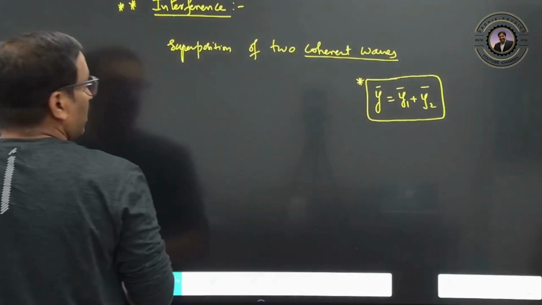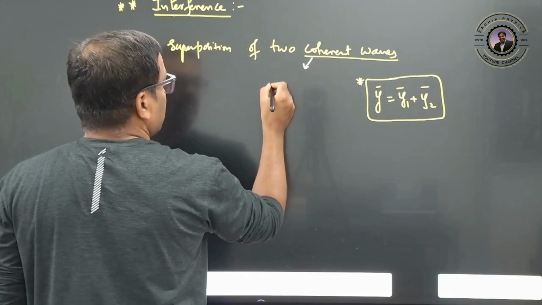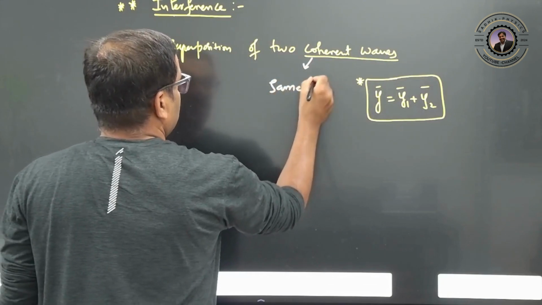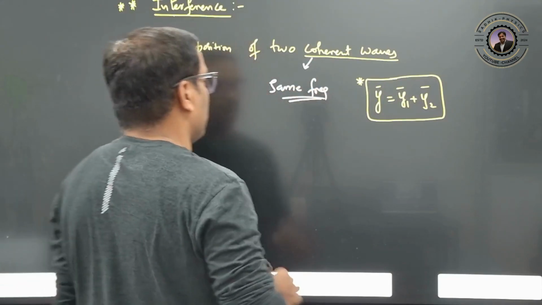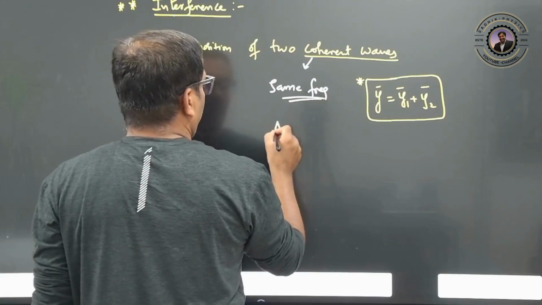Coherent waves are two waves which have the same frequency: the frequency of one wave and the frequency of the other wave should be the same. The next important thing is the phase difference.